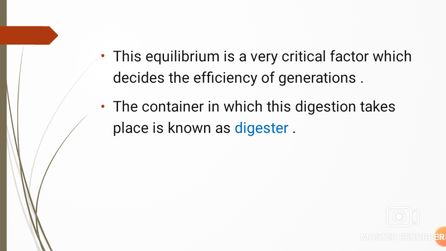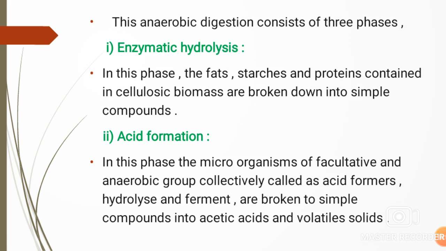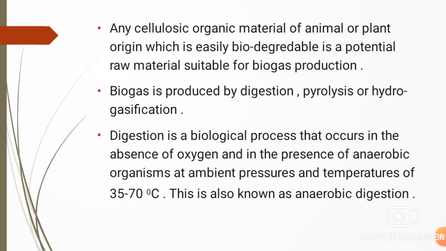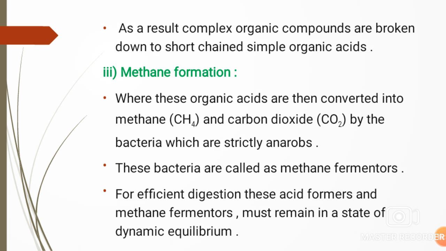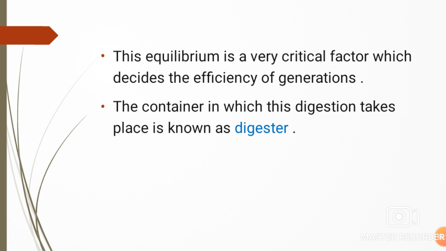The first phase is enzymatic hydrolysis, the second one is acid formation, and the third one is methane formation. All these three phases take place in the container known as the digester. So this is all about the generation of biogas from the raw material, and it mainly involves the biodigestion process, which again involves three main processes.